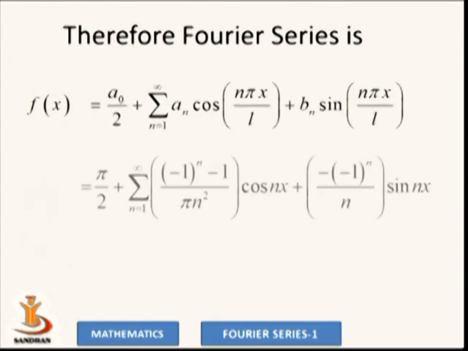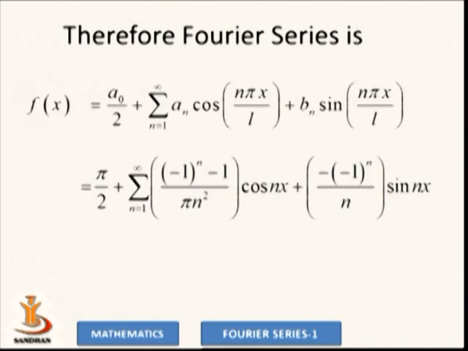is pi by 2. So pi by 2 plus sigma n, minus 1 raised to n minus 1 upon pi n square cos nx, where L equals pi, plus bn, minus 1 raised to n upon n into sin nx, where L equals pi.